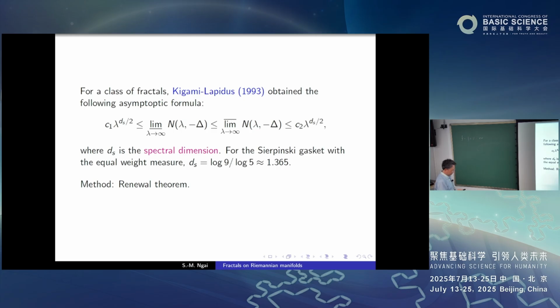So for fractal sets, the renewal theorem is probably the most useful method in getting asymptotic behaviors.